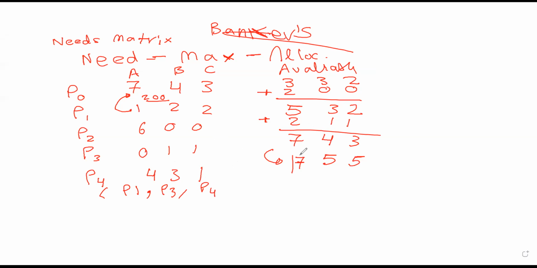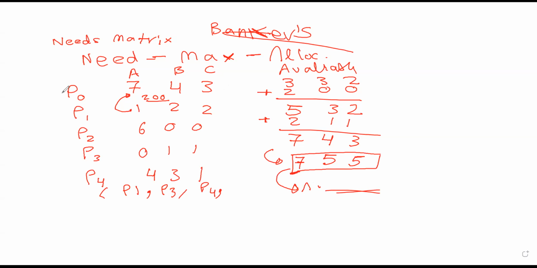Okay, so this is my needs matrix. This is my available resources. This pen is very horrible. And so the sequence that I did is P1, P3, P4. Then I'm going to go over again.